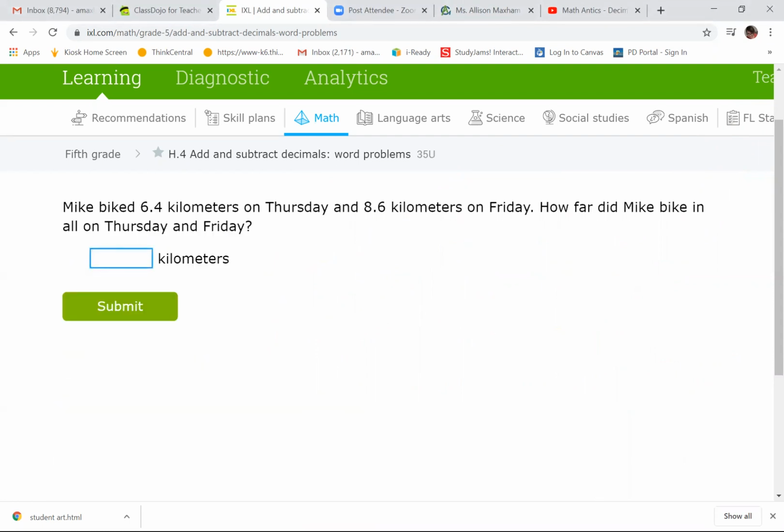All right, here's another addition problem. Mike bike. I like that. Mike biked 6 and 4/10 kilometers on Thursday and 8 and 6/10 kilometers on Friday. How far did Mike bike in all on Thursday and Friday?